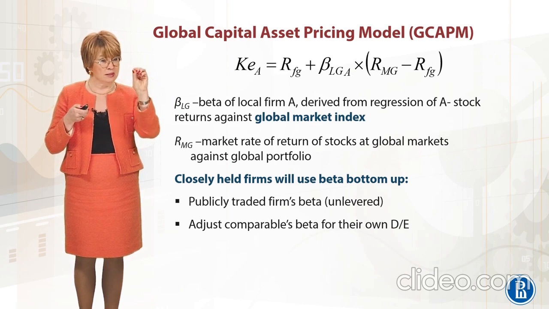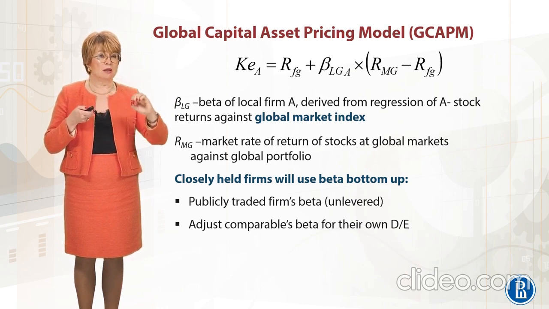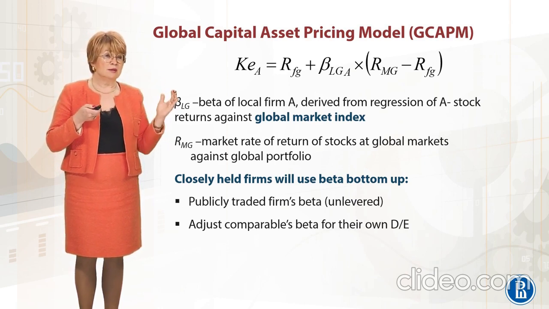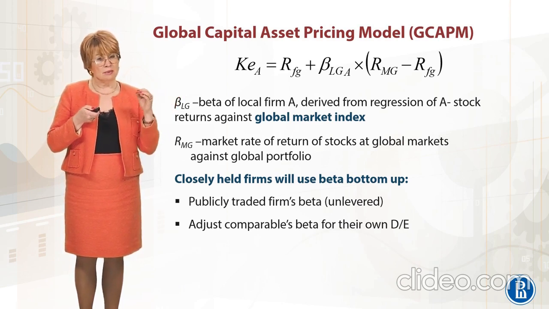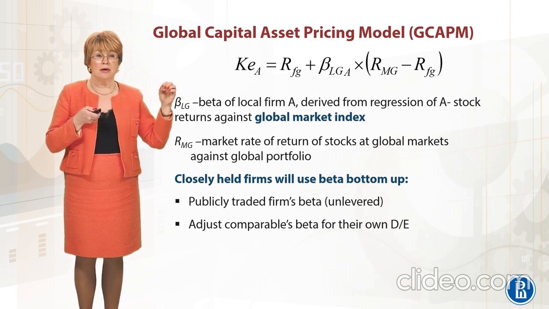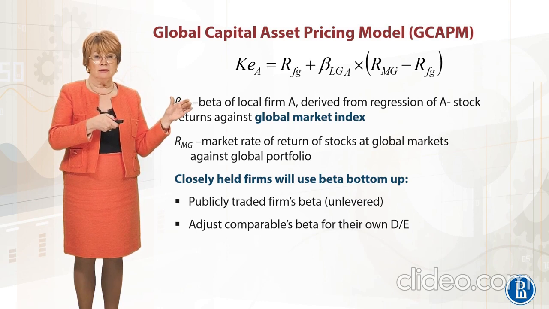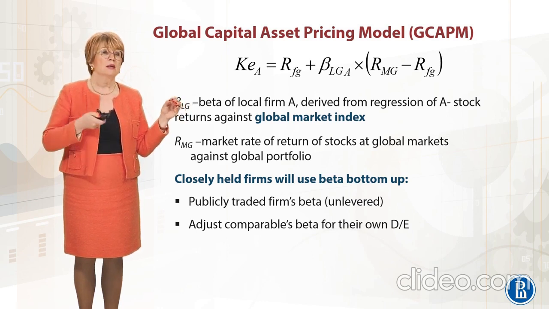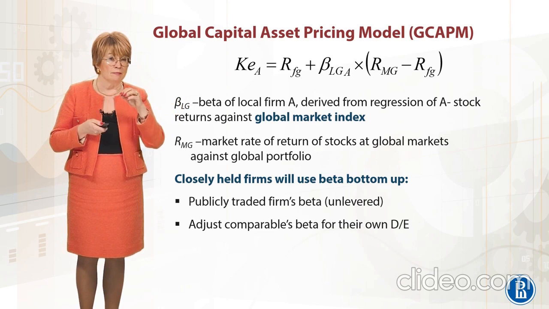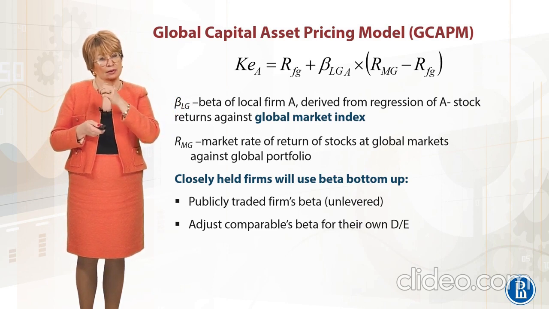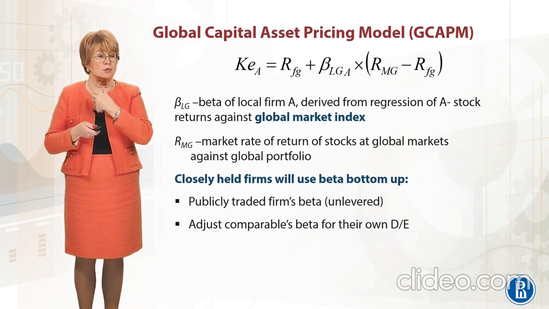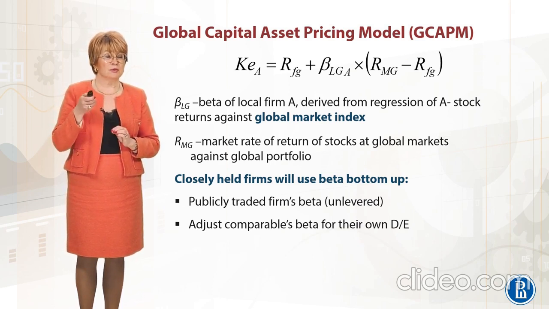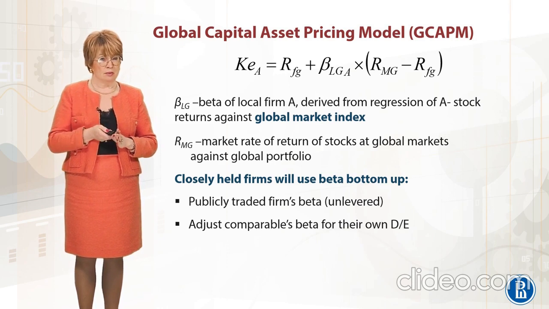And only the beta is like a compromise because the beta on one side reflects the dynamics of the local company A stock return, actual return in some past period, but against the dynamics of the global market risk, equity risk, or market portfolio of risky assets which exist in the global market.